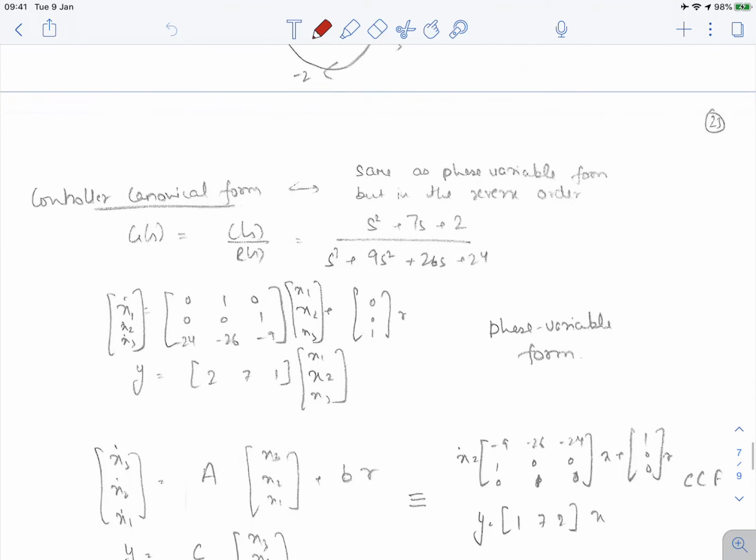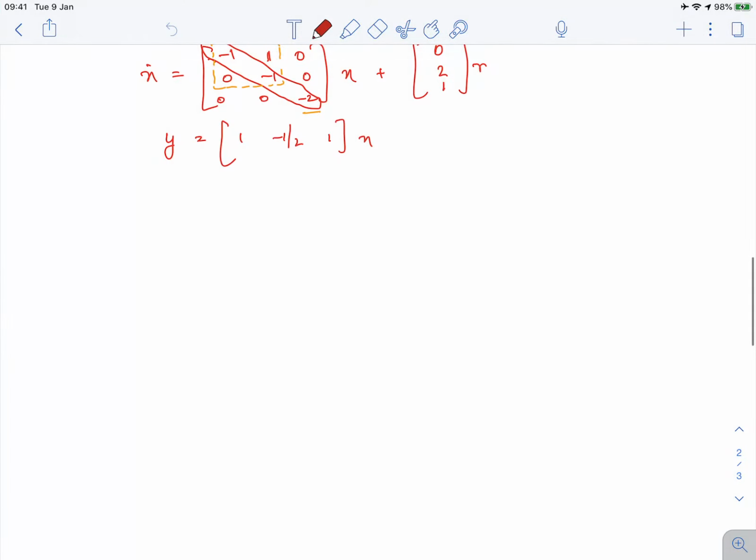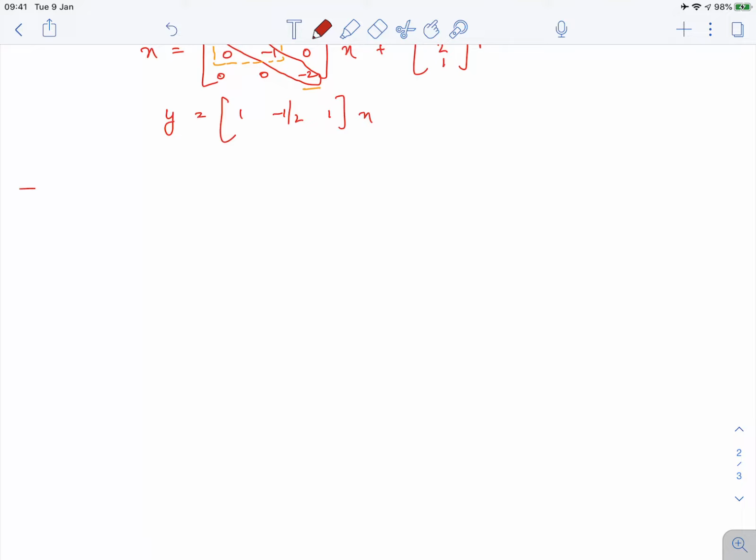We will discuss two other important forms also, which we call the controller canonical form and observable canonical form.